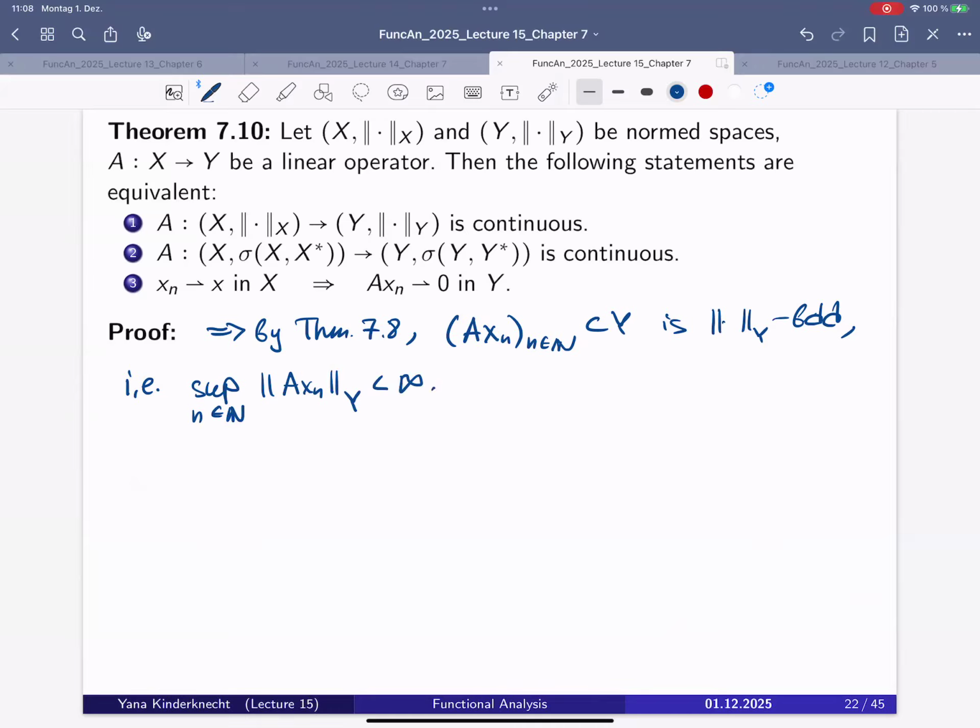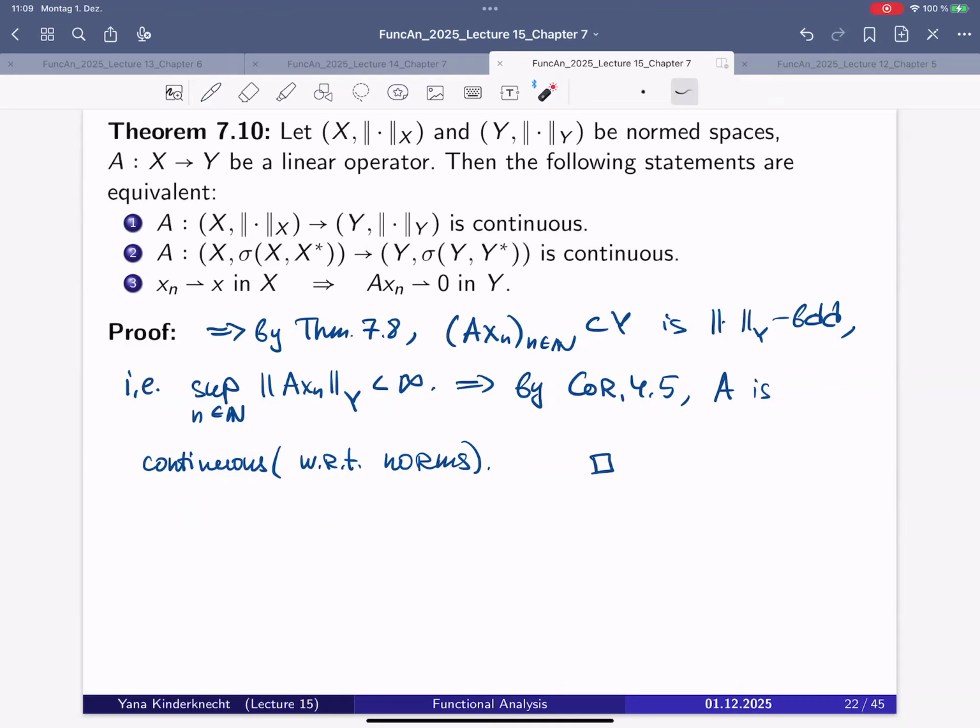And hence, by the corollary which we have used for 5, A is continuous with respect to norms, so in strong topologies.